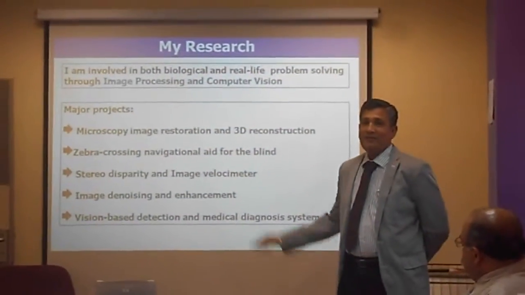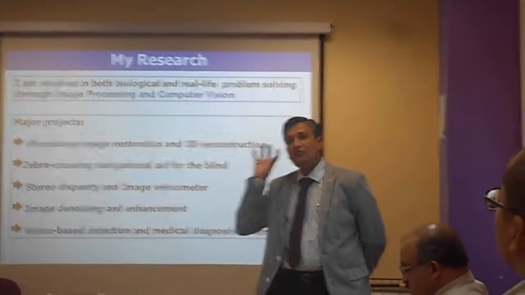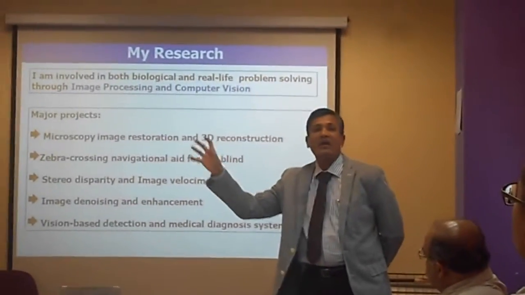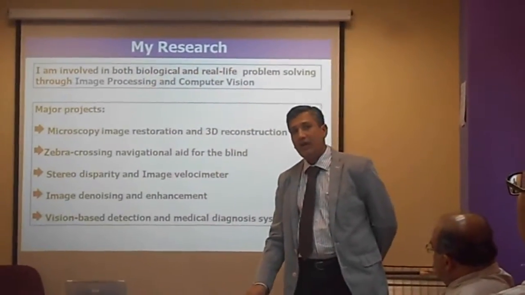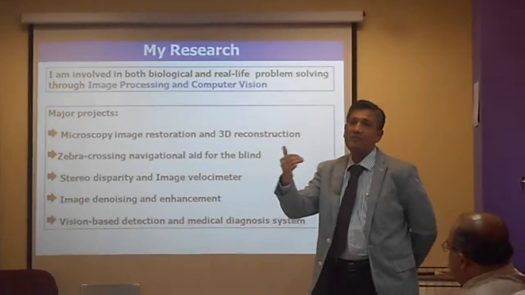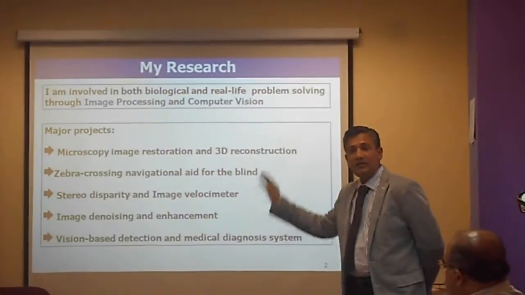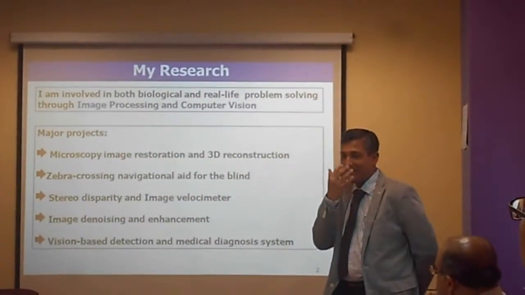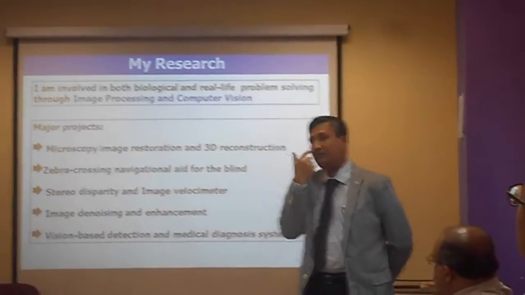And the other concentration is visual navigational aid for blind or partially sighted people, to help them cross dangerous locations, for example, the zebra crossing.